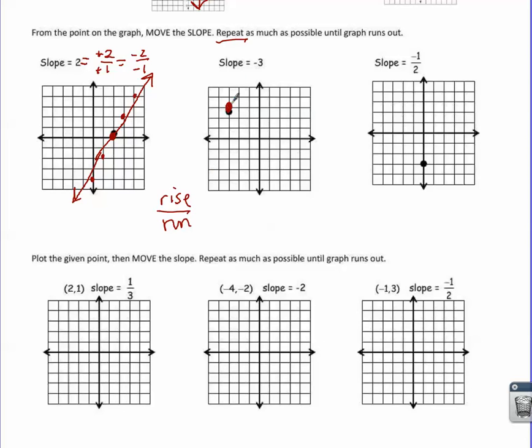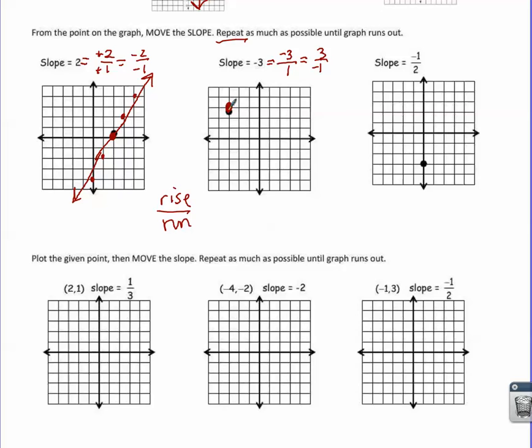On your second example, my slope is -3. Remember, if it's a whole number, place a 1 in the denominator. And also remember, I could put this negative in the denominator, because -3 over 1 and 3 over -1 both equal -3.